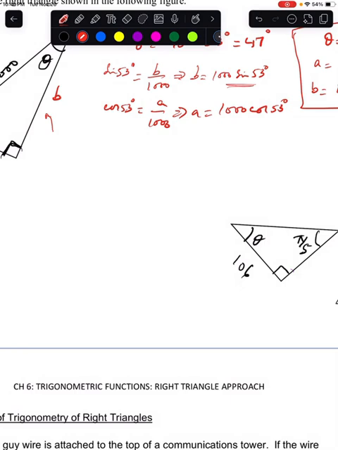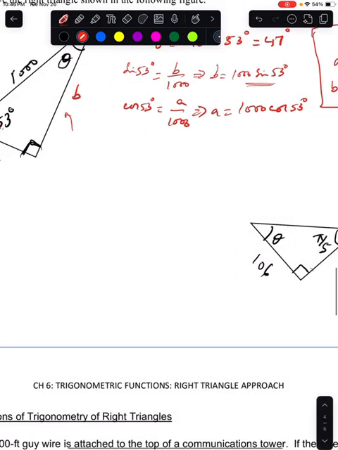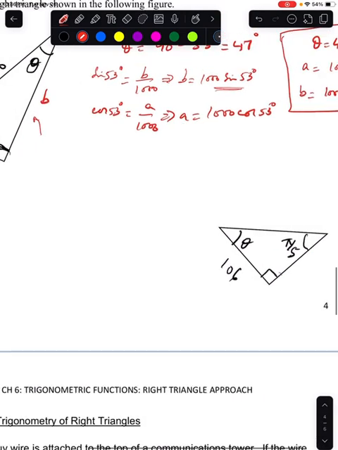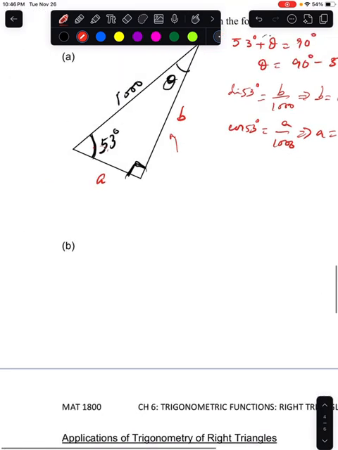Now note here, the angle is given as pi over 5. So we will start by using theta plus pi over 5 equal to, now we will not say 90 degrees, we will say pi over 2.